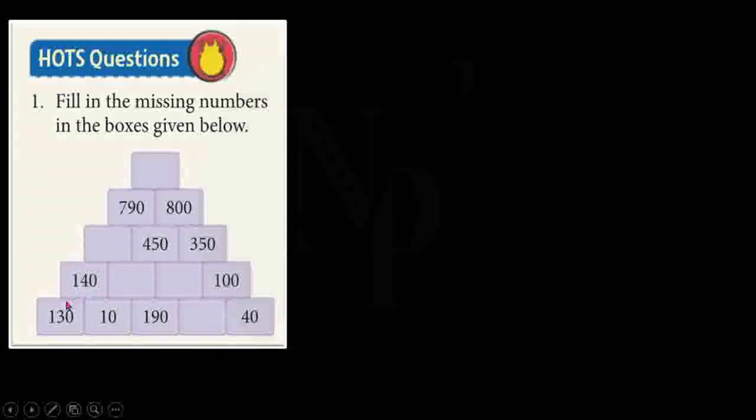So we have to understand how these numbers are filled here, so that we can fill the remaining empty boxes. Adding these two numbers, you will get the number to be filled in the box just above these boxes.